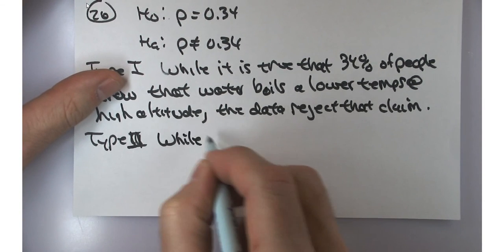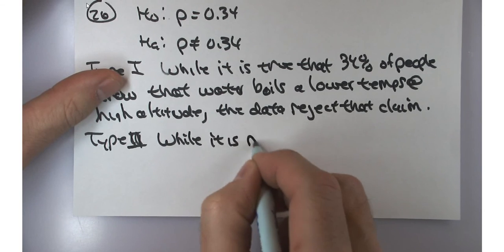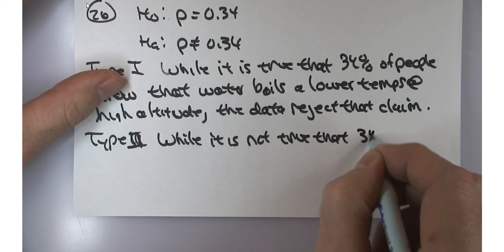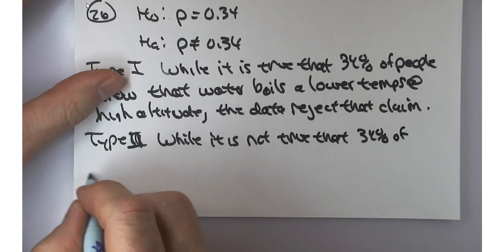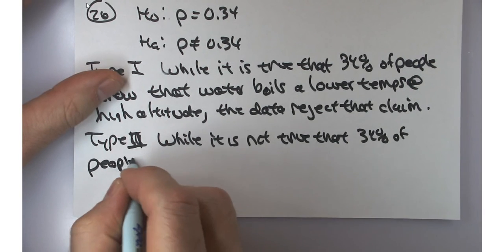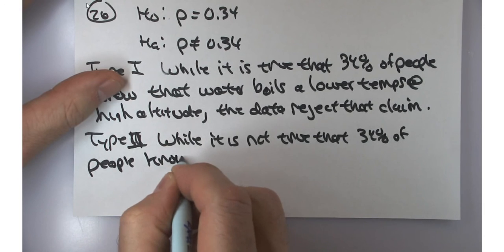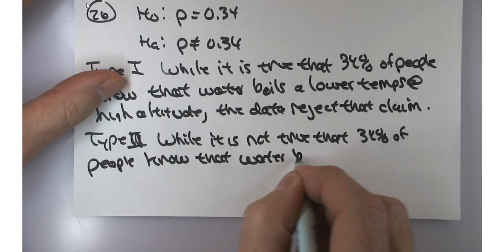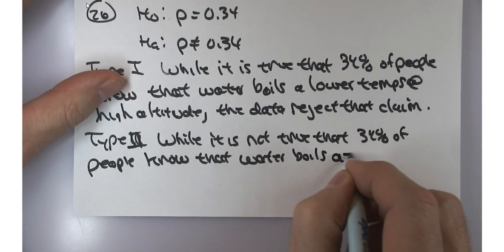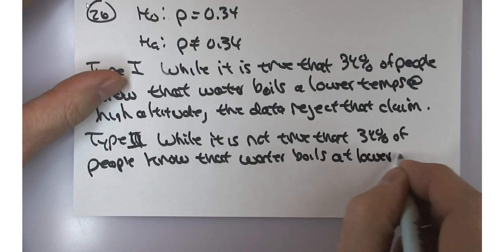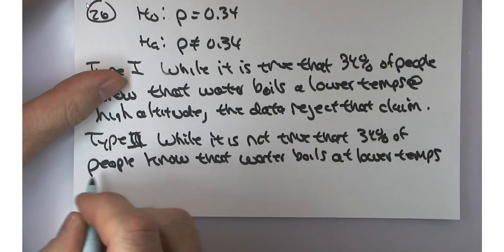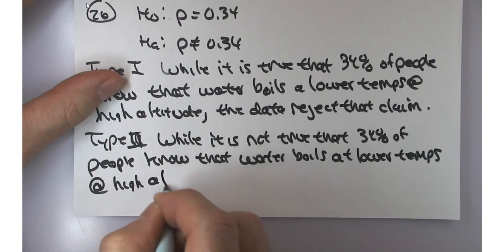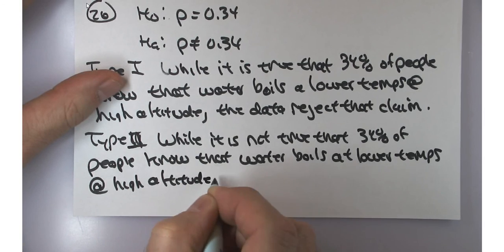So while it is not true that 34% of people know that water boils at lower temperatures at high altitude, then what?